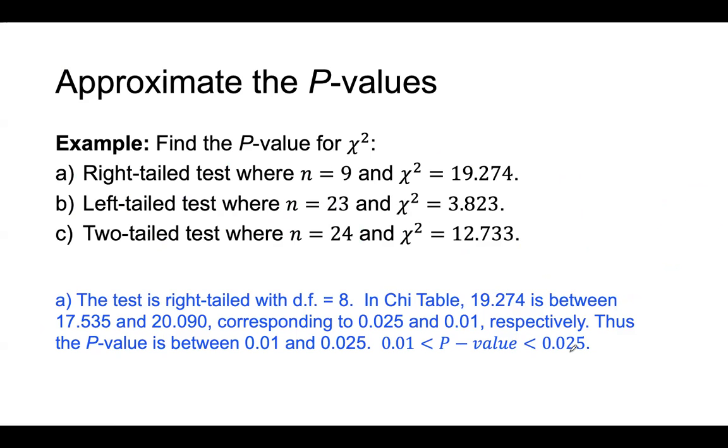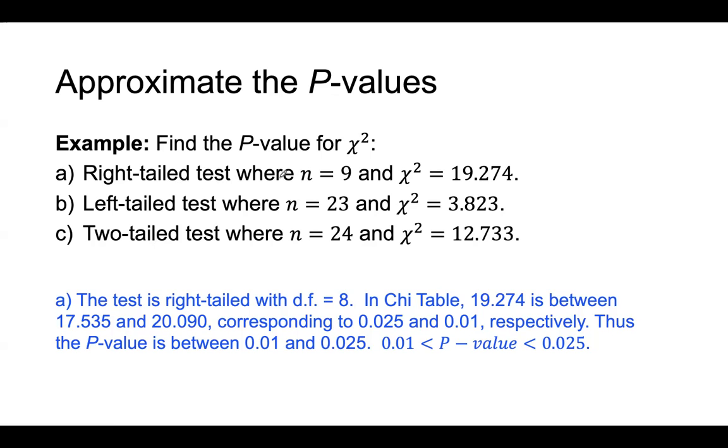Now we could use, if we really wish, the p-value approach. We could find the p-values for chi-squared for the right-tail test, the left-tail, and two-tail tests, and look these values up using the same kind of idea.